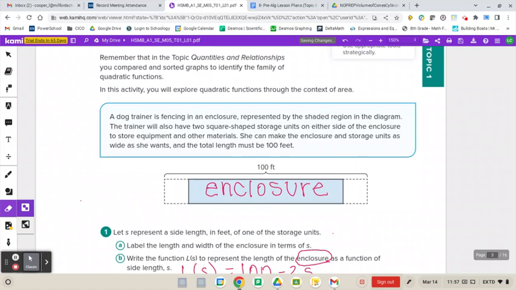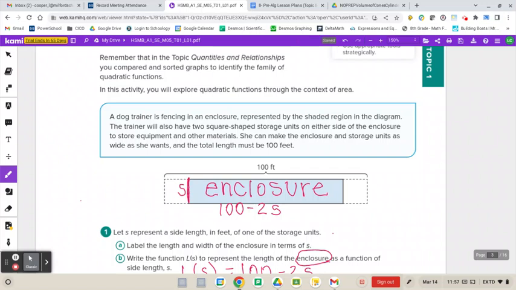We all agreed that the length of this shaded part was 100 minus 2s, correct? That's the length. What should I label the width right here? S, right? This is a square, guys, so all these sides are S, correct?